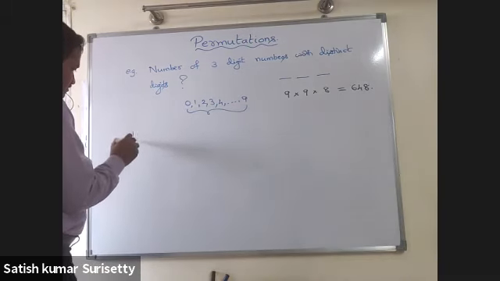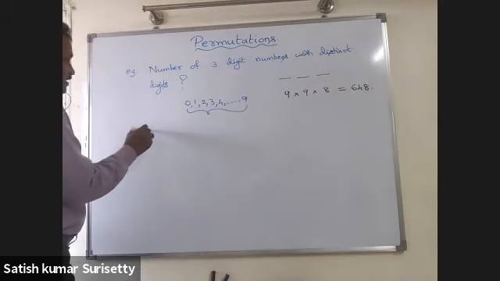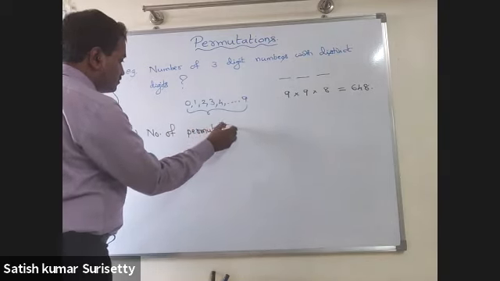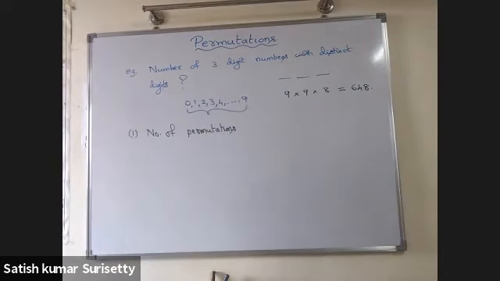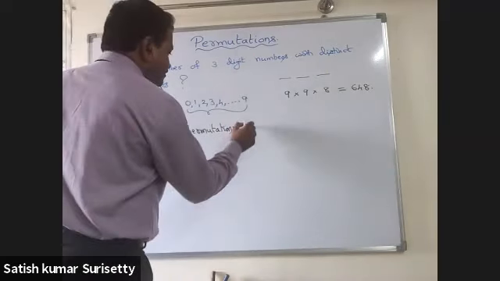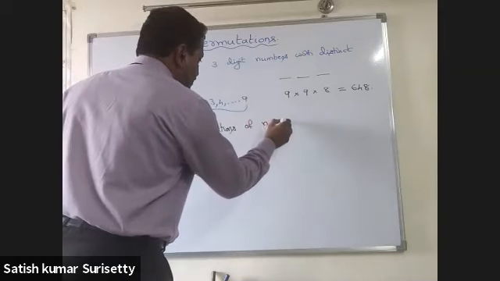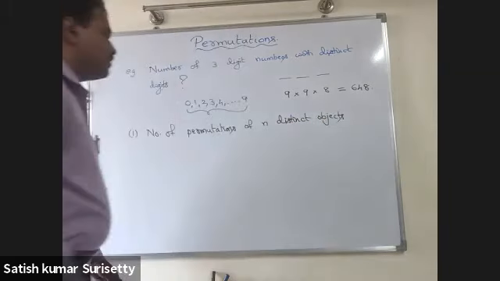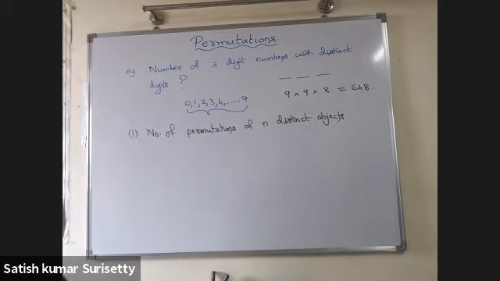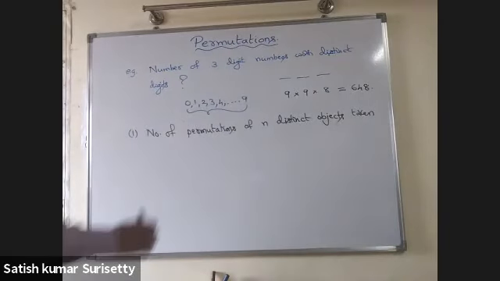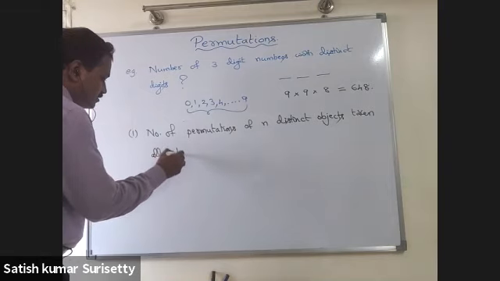Next, number of permutations of n distinct objects taken all at a time.